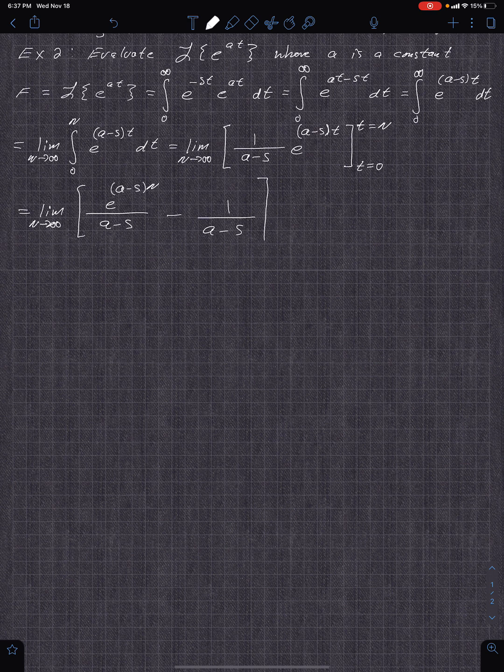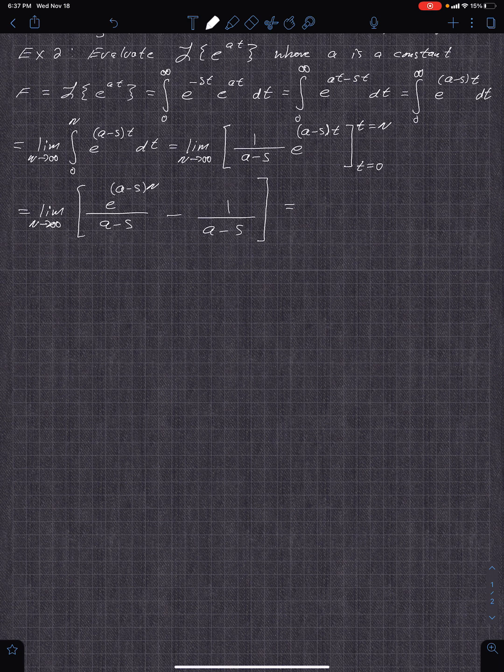So when does that converge? As long as a minus s is negative, this guy goes to 0. So we want this to go to 0. So we're going to want a minus s to be less than 0, which means that a is less than s, or s is greater than a, depending on how you want to say it.